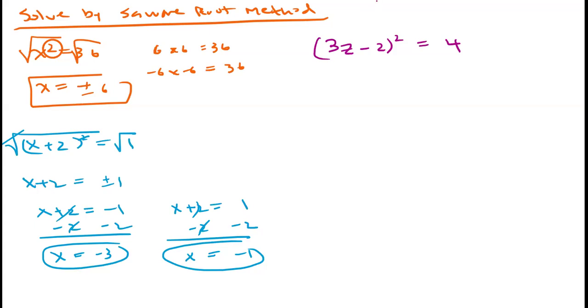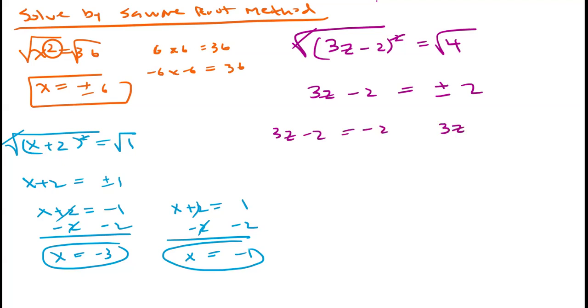The first thing we need to do is take the square root on both sides, because we have a power of 2 here. The square and the radical go away. We get 3z minus 2, and the square root of 4, again, is going to be two possible solutions, plus and minus 2. Then we're going to have two equations: 3z minus 2 equals negative 2, and 3z minus 2 equals positive 2.